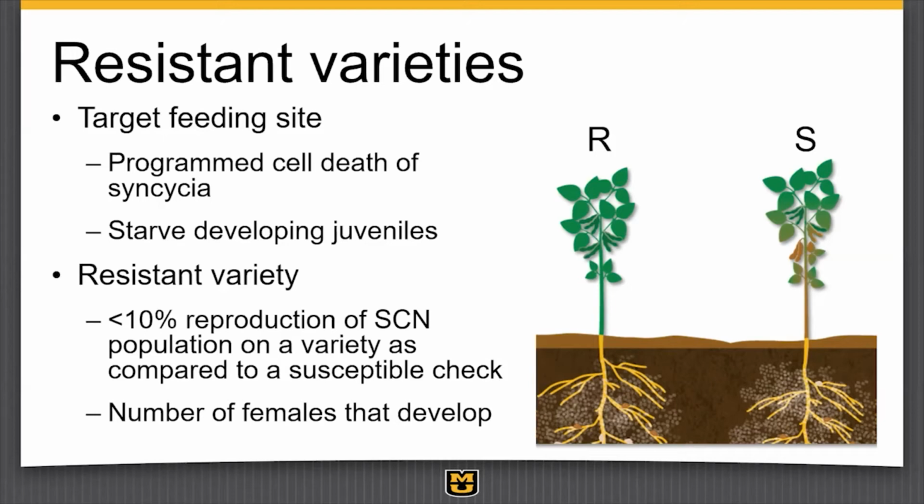However, a resistant soybean really is defined as a variety that has less than 10% reproduction of a soybean cyst nematode population as compared to a susceptible check. So that means that there are still soybean cyst nematodes that reproduce on a resistant variety, just less than on a susceptible variety.